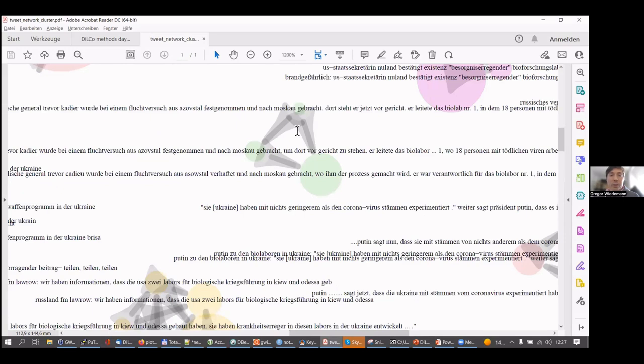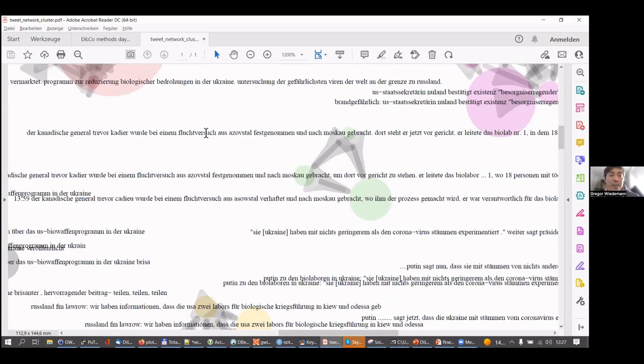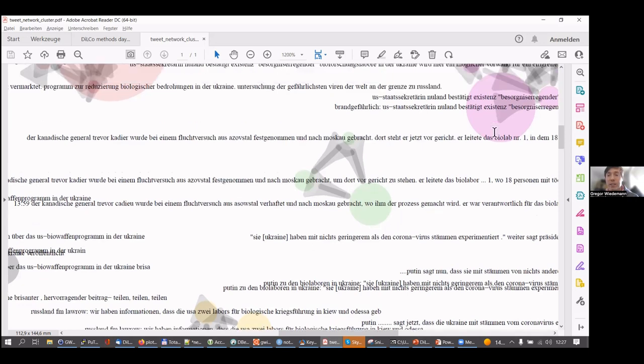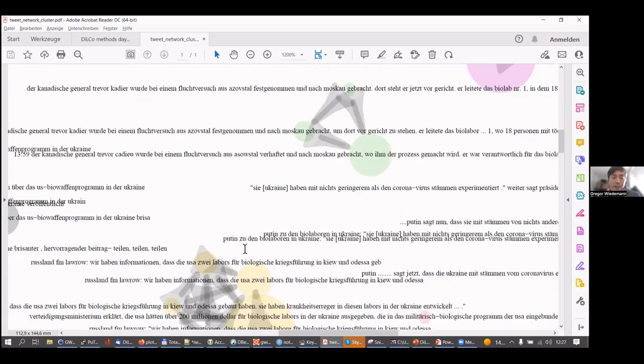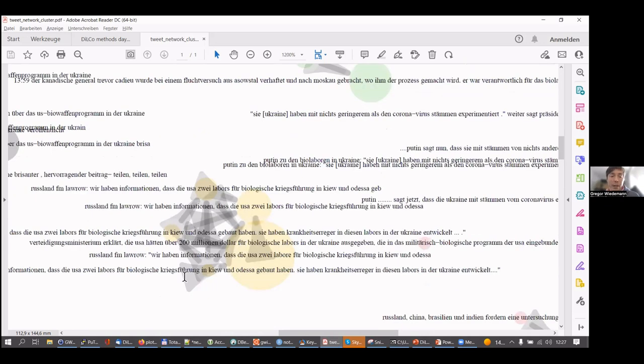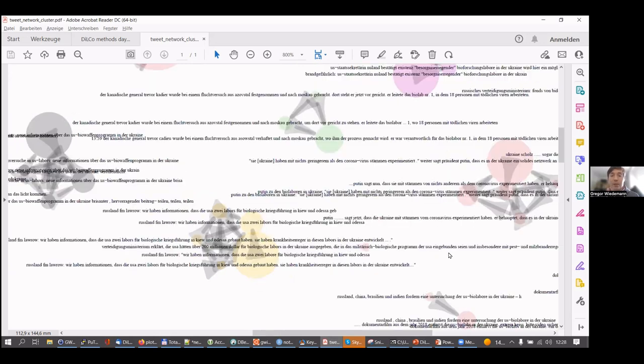So here, for instance, we have a number of tweets where the flight of a Canadian general is mentioned, and this person is apparently involved in the biolabs. We can see a lot of other events in the data that apparently are talked about in a very similar way, which we can investigate. But as I mentioned already, this cluster or graph structure probably isn't the most helpful one.